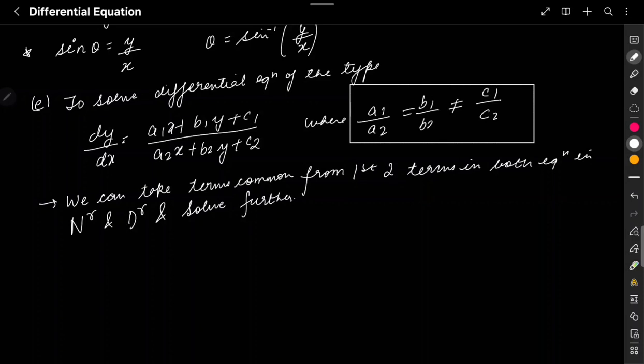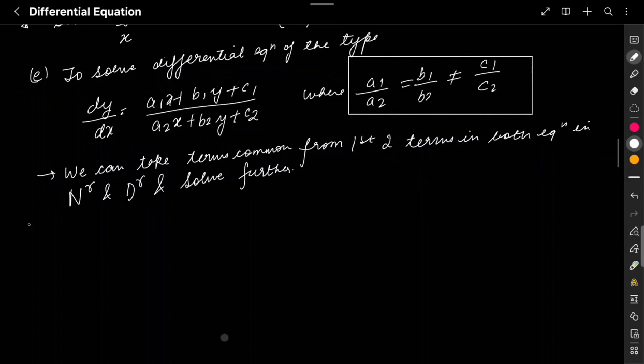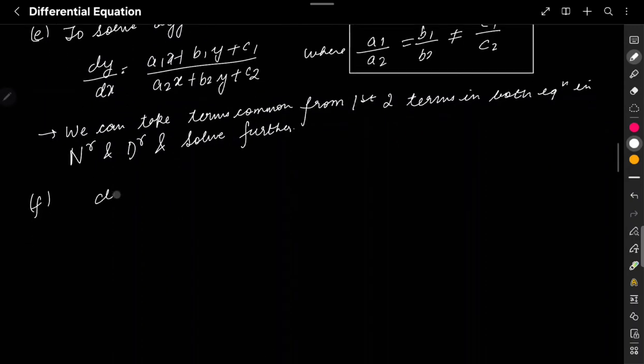Also there is a subtype, or we can write it as F part. Similarly, same type, just the condition is different.